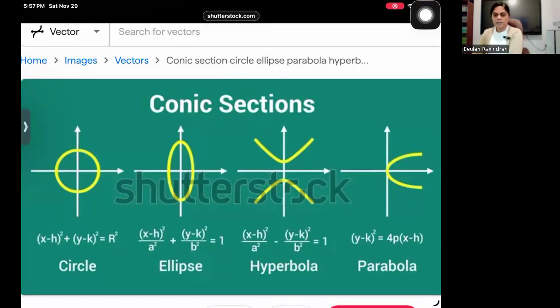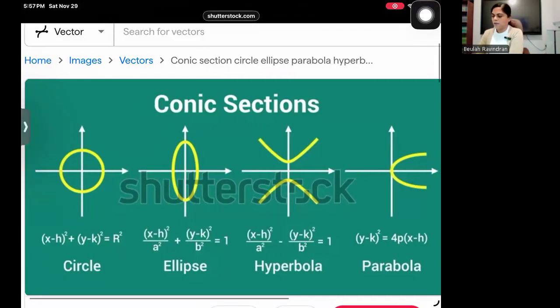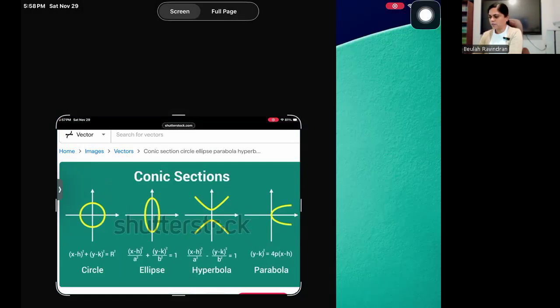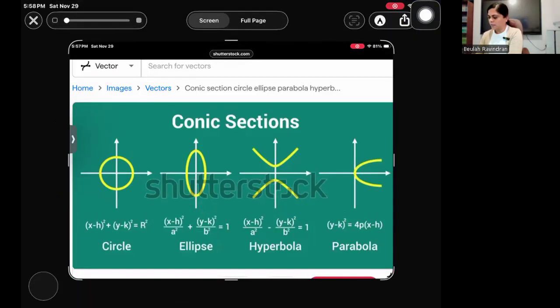So this is the circle, and then ellipse, then hyperbola, then parabola. Okay, so you know how the section will be, right?